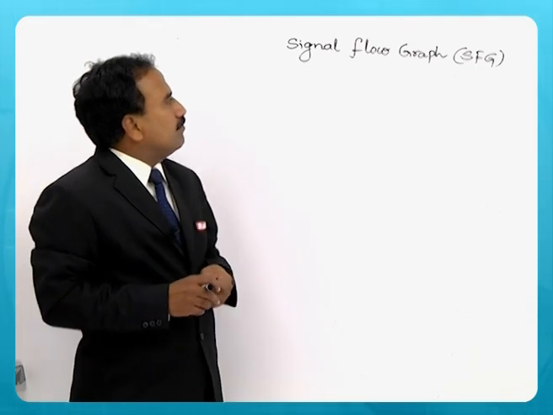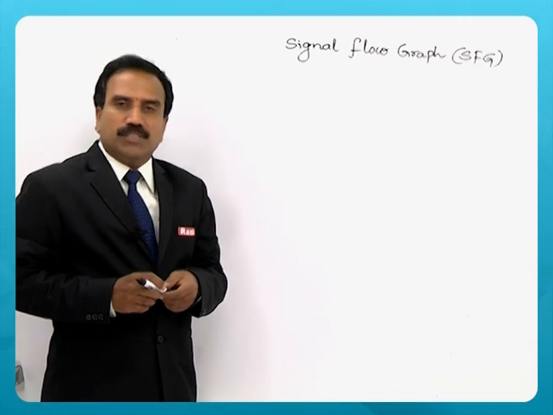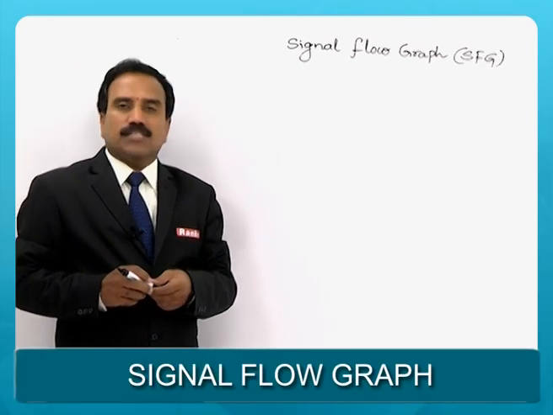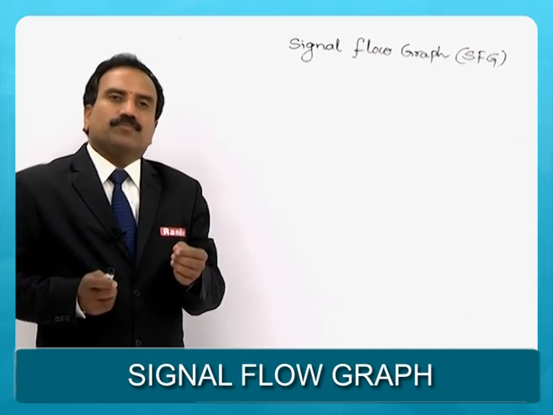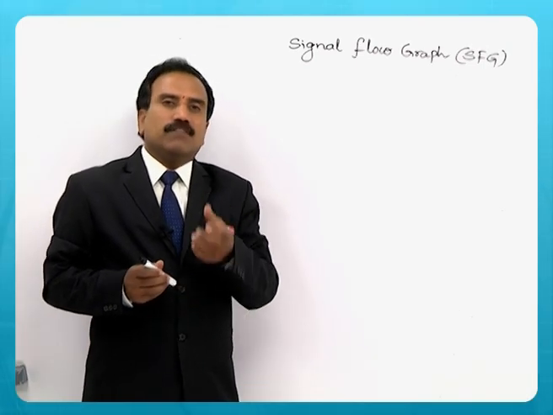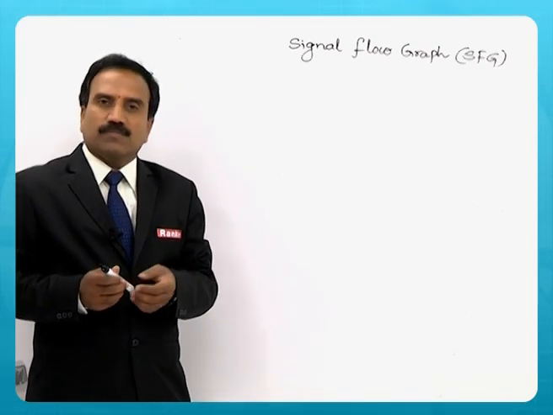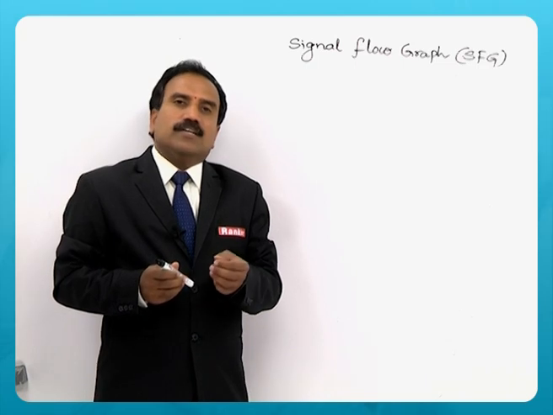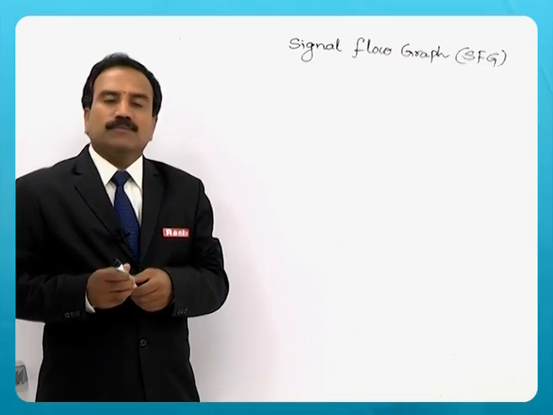It is a graphical representation of linear equations. As we have discussed in the previous section, when a system is described by a block diagram, and finding out the transfer function of a given block diagram or system is very complex, there are 9 to 10 rules we have already listed, and you must use the rules and find out the transfer function.